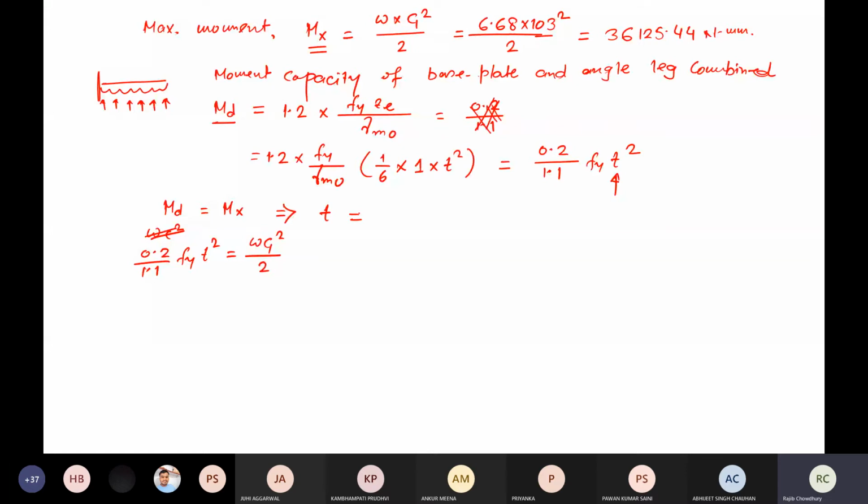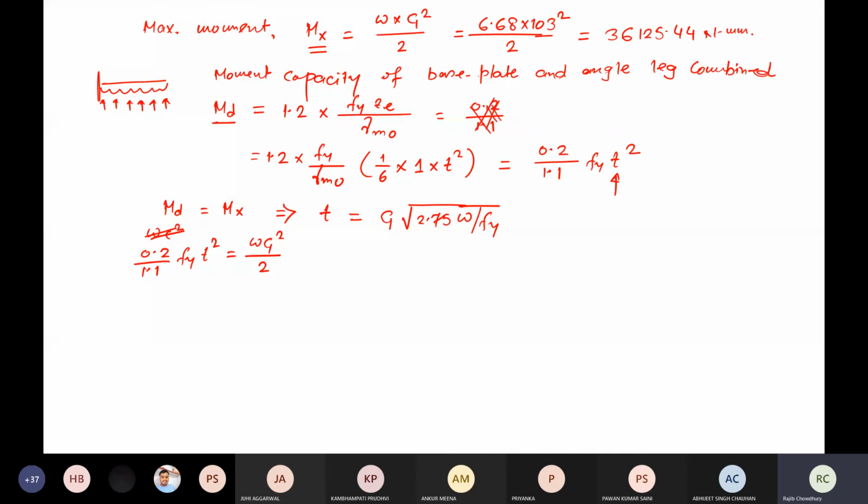So from here T is becoming C1 times the square root of 2.75 W divided by Fy. What is W? W is the base pressure that is happening over there. And C1 is the portion of the base plate that is acting as a cantilever.